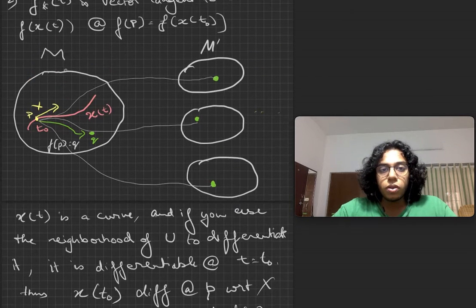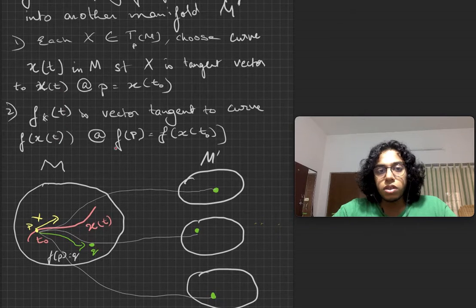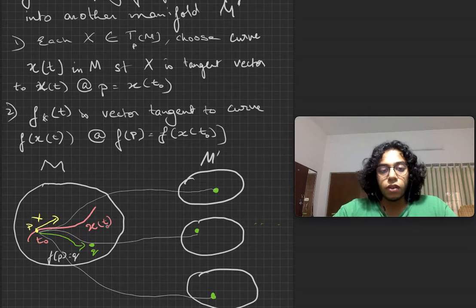You just need to remember this. You are taking the parameter, and at each point x of t naught, if you change your t naught, then you are changing the mapping to the new manifold.